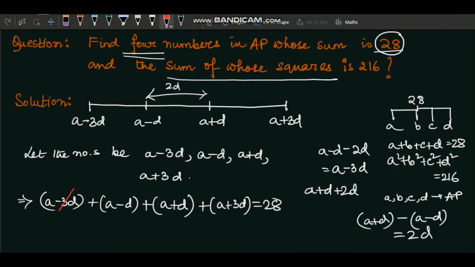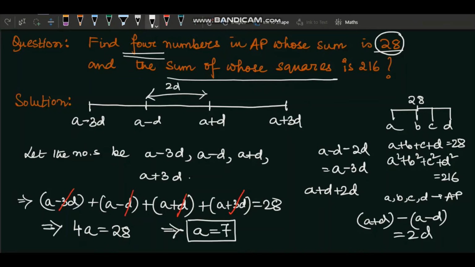So minus 3D and plus 3D get cancelled. Minus D and plus D also get cancelled. So what are we left with? We are left with 4 A's. So from here we have 4A equals 28, and this gives us A equal to 7.